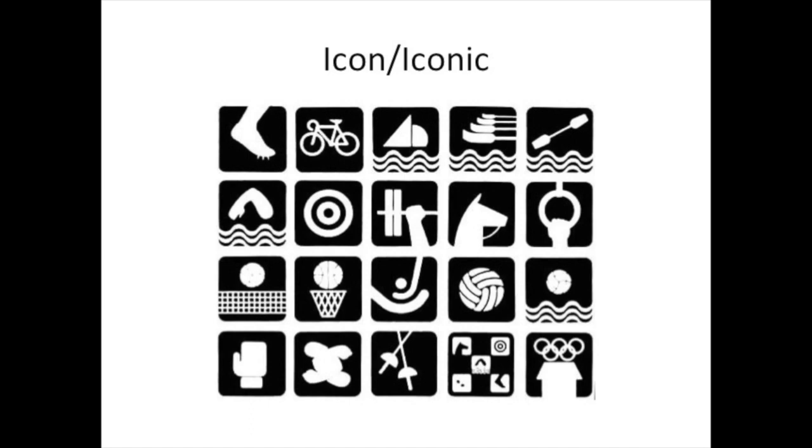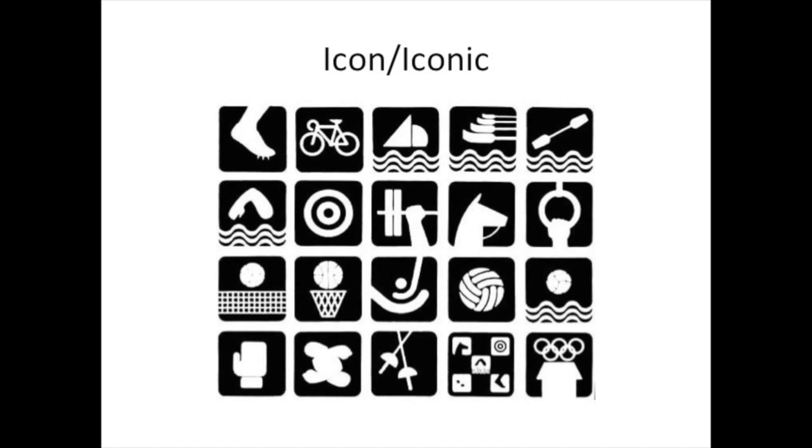Now here we have another collection of icons, and so we've got a shoe with cleats in it, we've got a bicycle, we've got a sailboat, we have multiple oars, so that's a rowing event where there are multiple participants. We have a single paddle for kayaking.